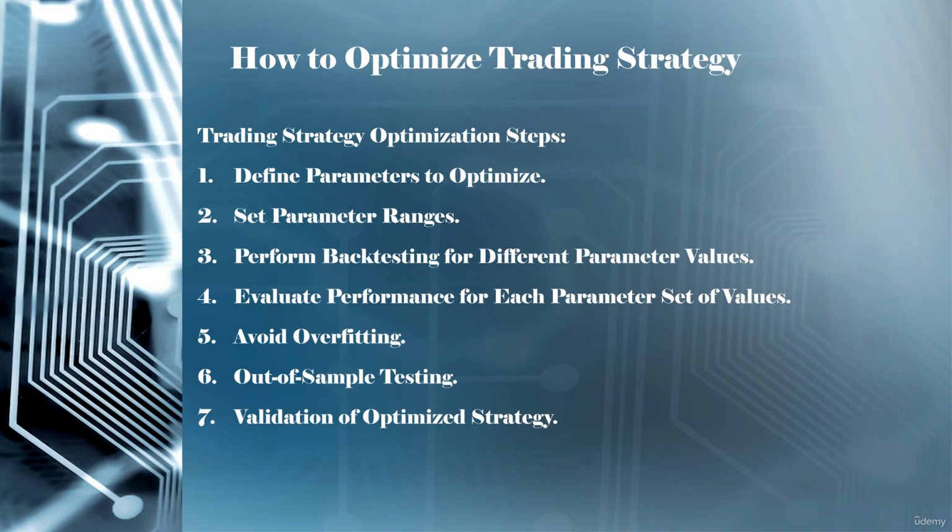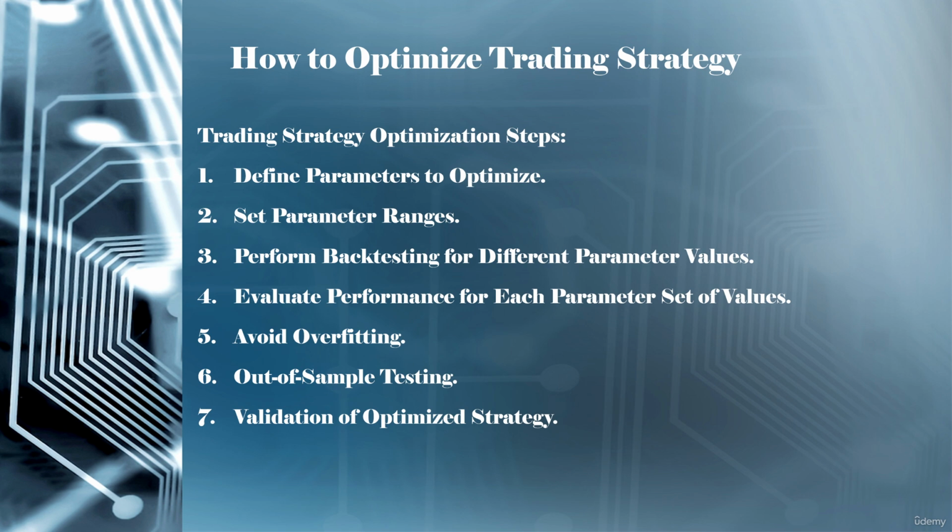Analyze the results of the backtesting to determine which set of parameters produced the best performance. Performance metrics may include profitability, risk-adjusted returns, drawdowns, and other relevant strategy performance metrics.